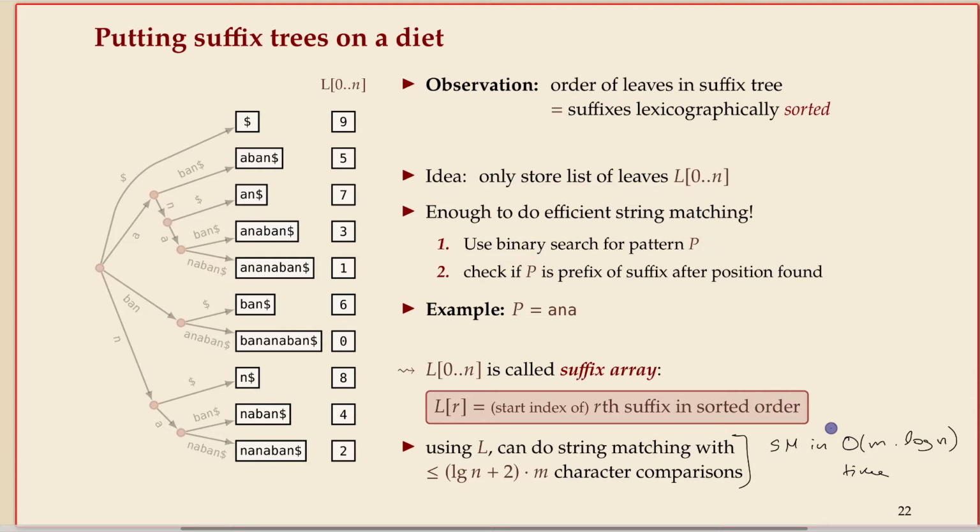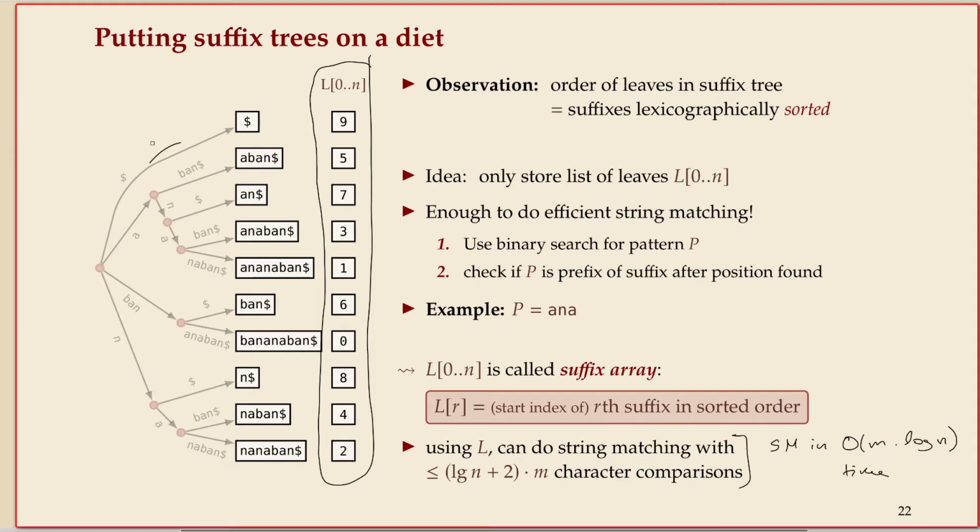Okay, I said this before, but let's officially state it again. That thing is the suffix array. It is the starting positions of the suffixes as they appear if you sort them lexicographically. And if you have the suffix tree around and you draw its outgoing edges in alphabetic order, then it is the order in which you see the leaves.